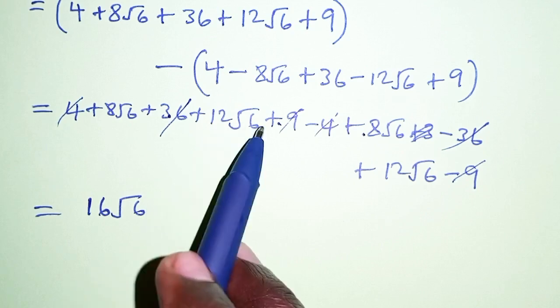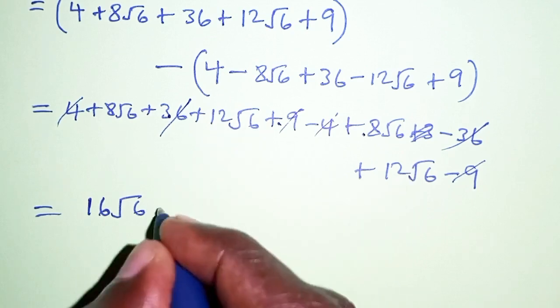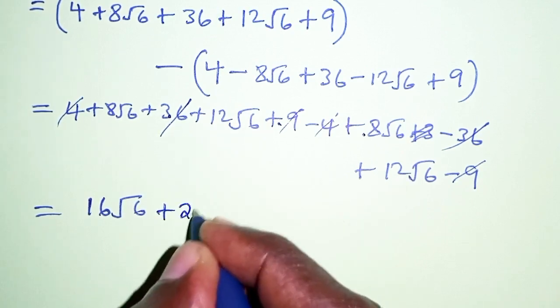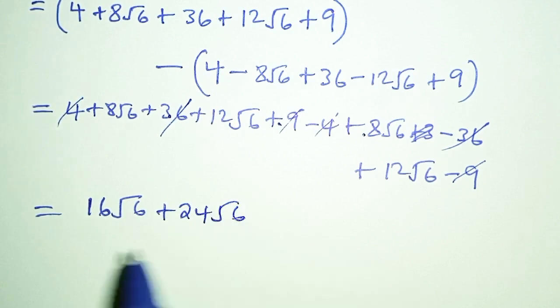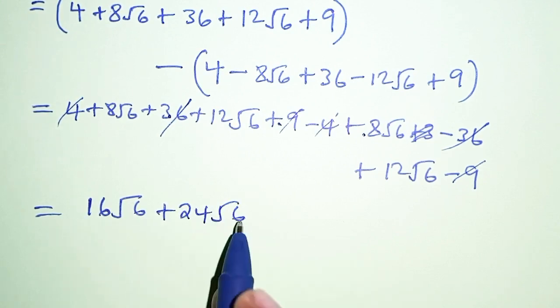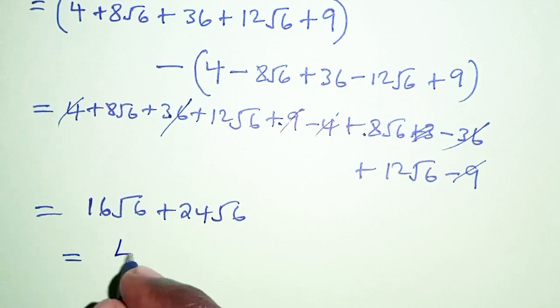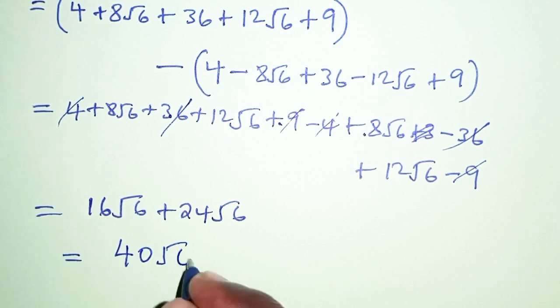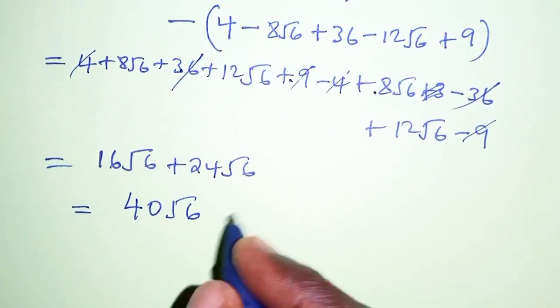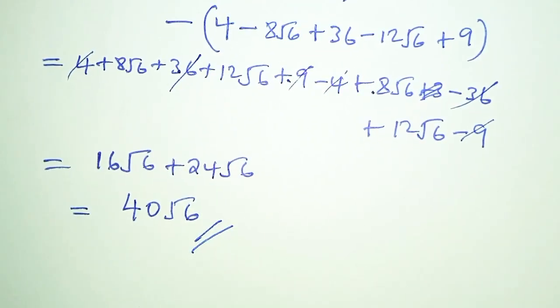We also have 12 root 6 plus 12 root 6, that is 24 root 6. 16 root 6 plus 24 root 6, that should be 40 root 6. And finally, we have simplified the expression just as had been required.